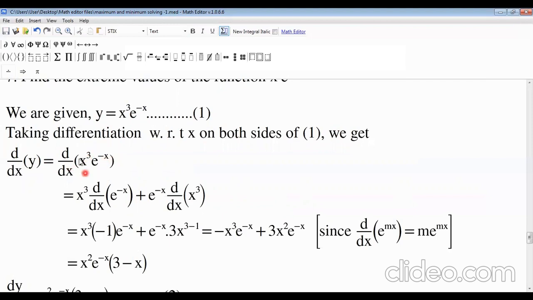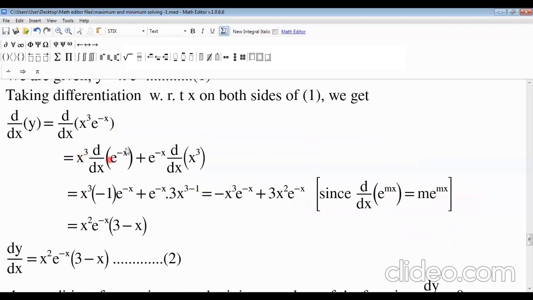You must know from our previous lecture how to differentiate the product of two functions: first function into d/dx of second function plus second function into d/dx of first function, that is u into d/dx of v plus v into d/dx of u.